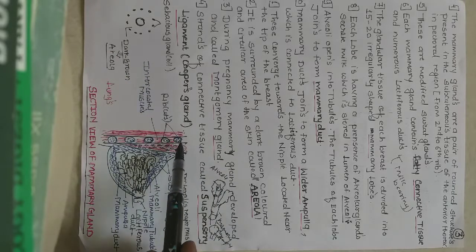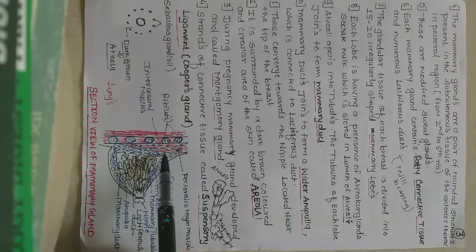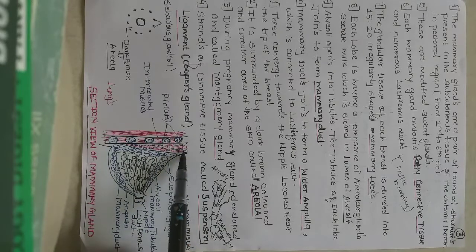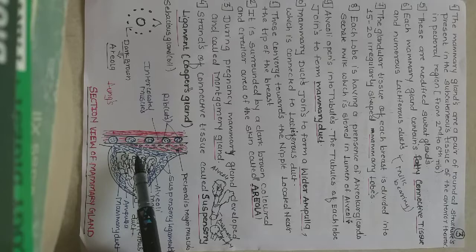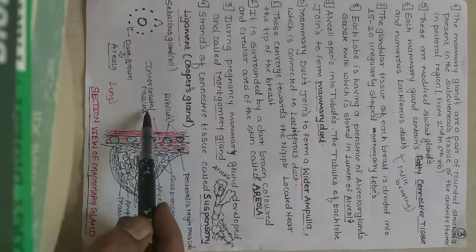In this diagram, these are the rib cuts, and this is the pectoralis major muscle, followed by part of the lungs, and these are the intercostal muscles.